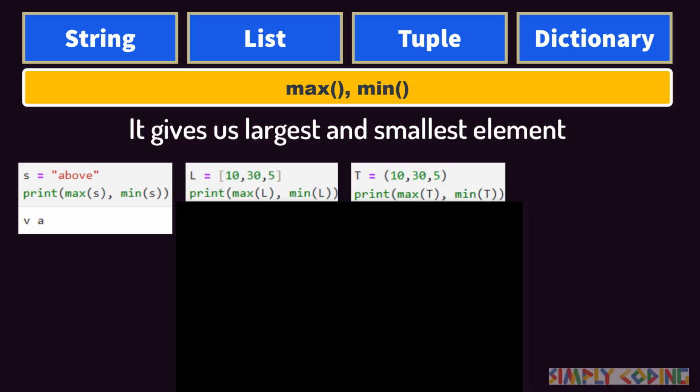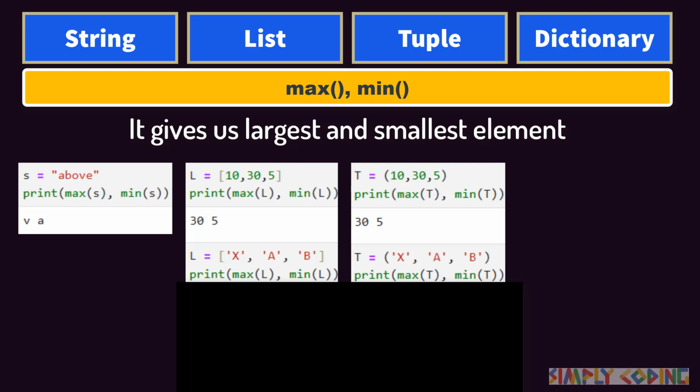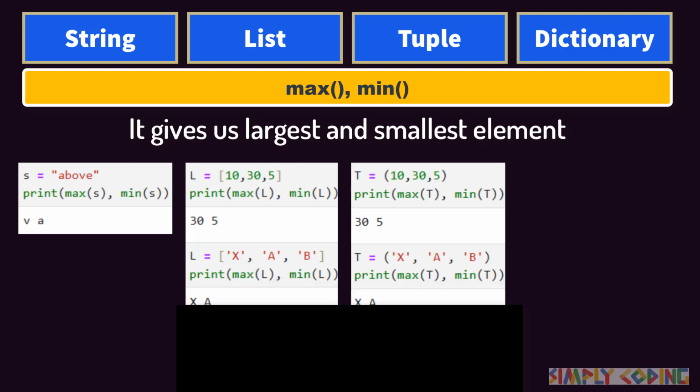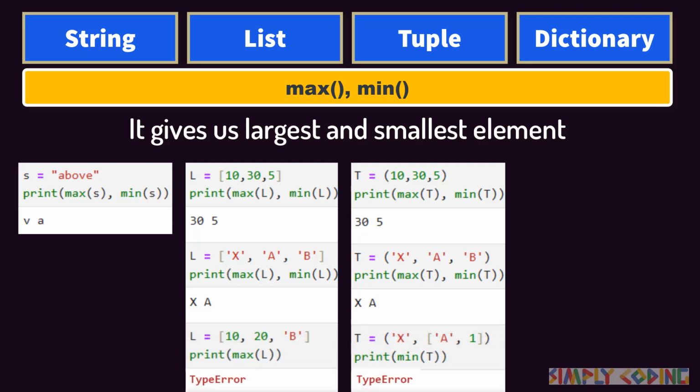If we use max and min on a list or tuple, then if all are numbers, it will give the max and minimum number. If all elements are string, it will alphabetically sort it and give the max and min value. It does not work if they are of mixed types like numbers with string or have nested list or tuple. In such cases, it will give an exception.